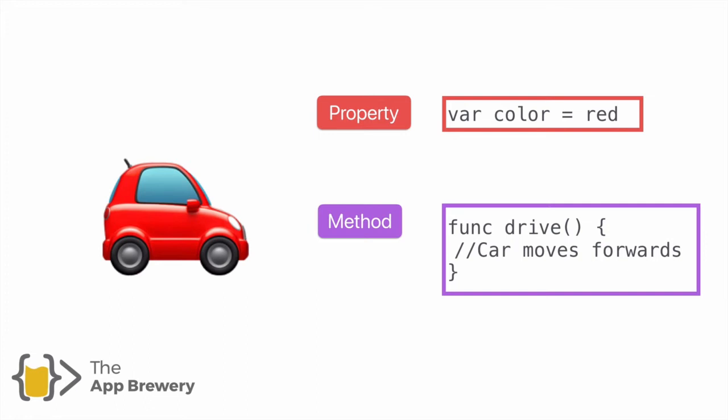So things like drive, or brake, or switch on the indicator lights. And it's through describing these properties and methods of the objects that will get created when our app is running. So these objects are invisible. We can't see them, we can't touch them, but we can plan for how they will behave and how they will look by creating these properties and methods.